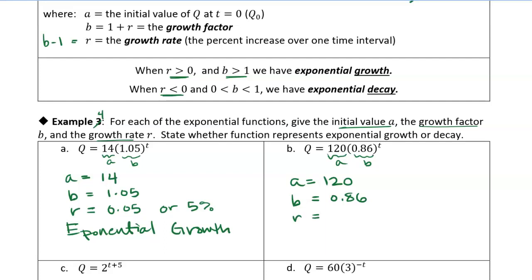So 0.86 minus 1 is negative 0.14, or negative 14%. Because it's negative, our growth rate is a negative 14%. So it's actually not growing, it's the opposite of growing. It's decaying. So this is exponential decay.